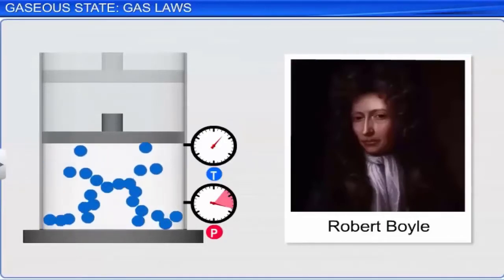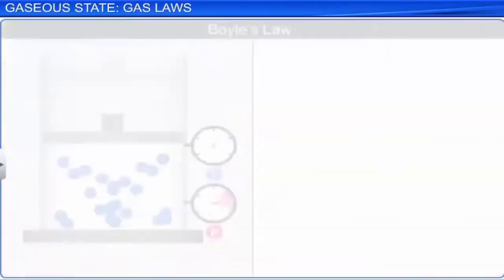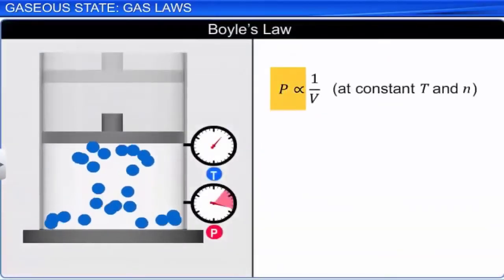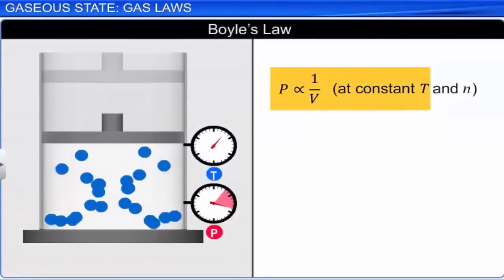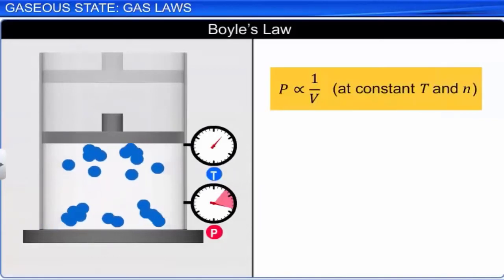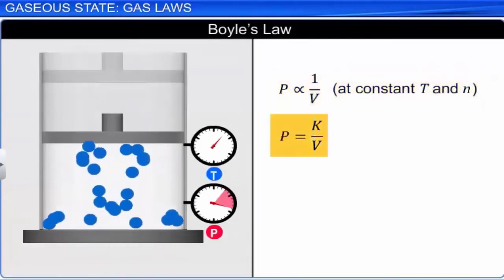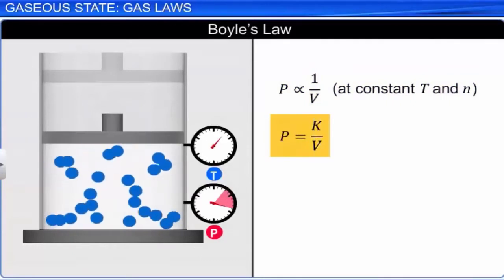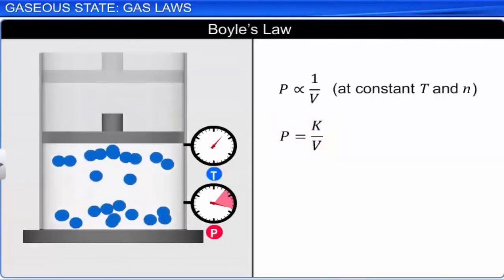Mathematically, Boyle's law can be written as P is inversely proportional to V at constant temperature T and number of moles of the gas n, or P equals k by V, where k is a proportionality constant, whose value depends on the temperature and number of moles of the gas.